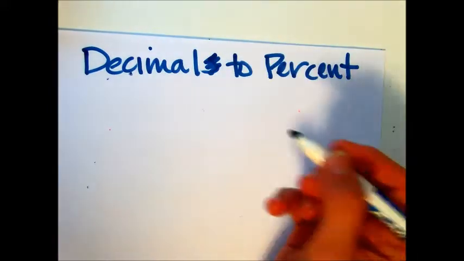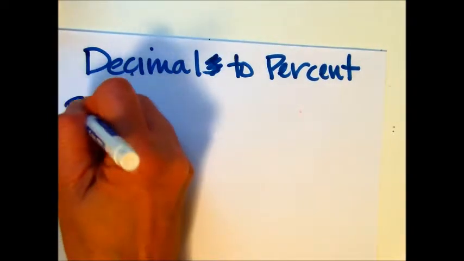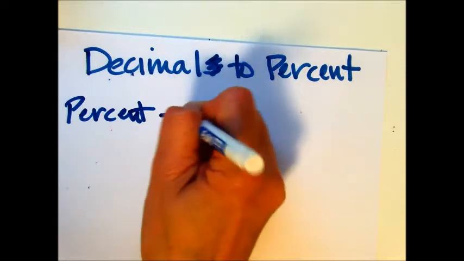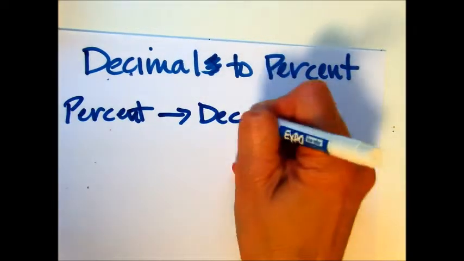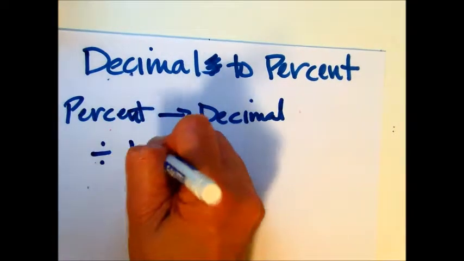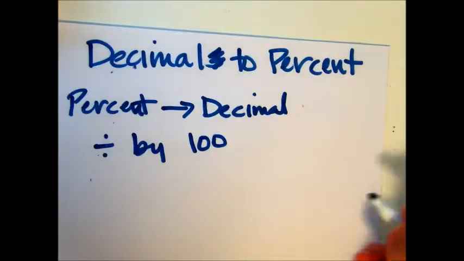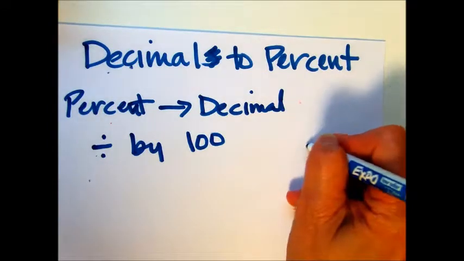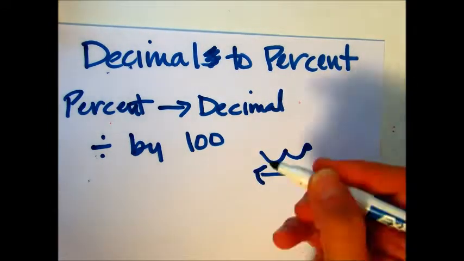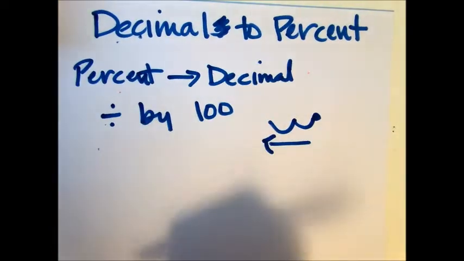We were essentially dividing, okay? So percent to decimal, we're basically dividing by 100, okay? And that allowed us to move the decimal point 2 places to the left, okay? And we just did those problems.